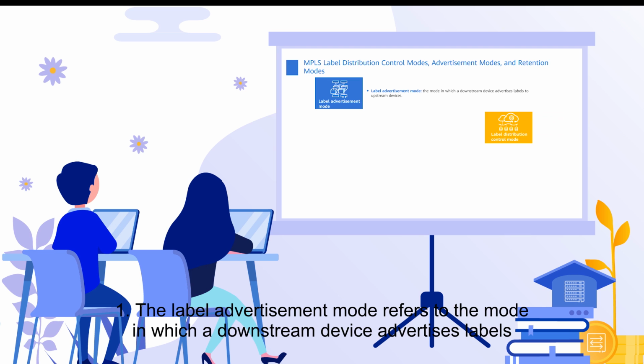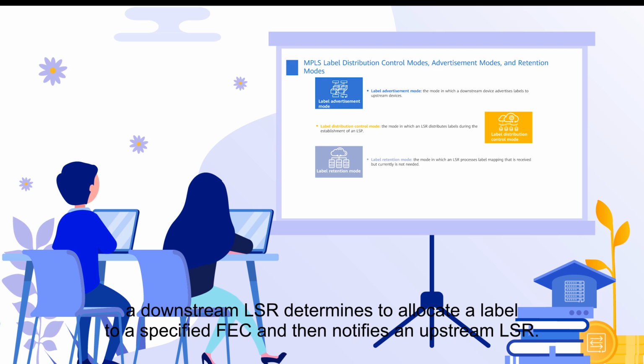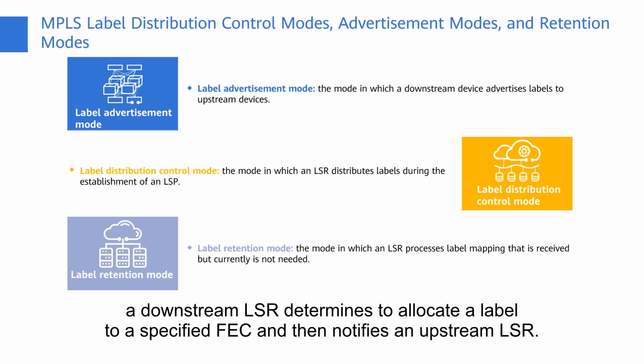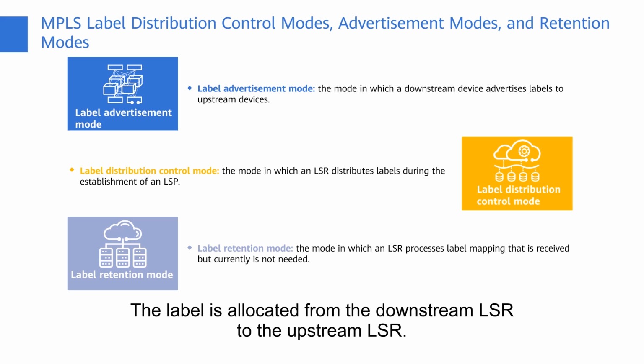Let's look back at those three concepts. The label advertisement mode refers to the mode in which a downstream device advertises labels to upstream devices. In an MPLS system, a downstream LSR determines to allocate a label to a specified FEC and then notifies the upstream LSR. That is, the label is specified on the downstream LSR. The label is allocated from the downstream LSR to the upstream LSR.